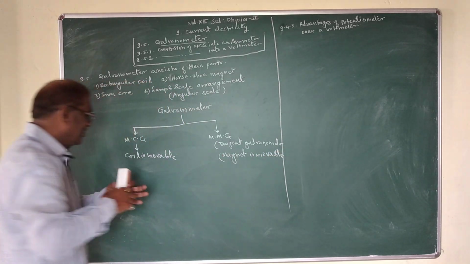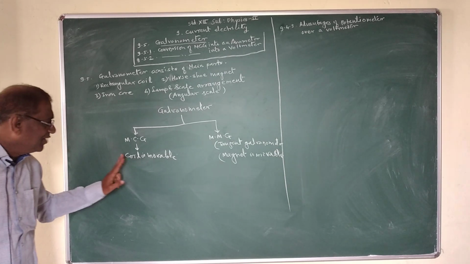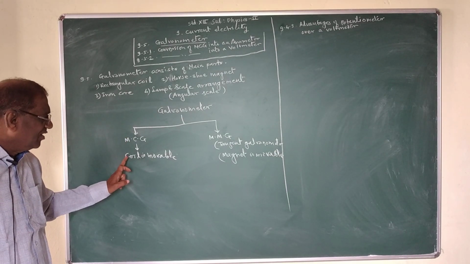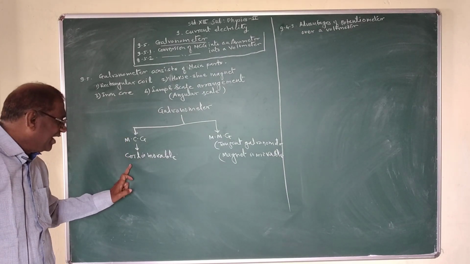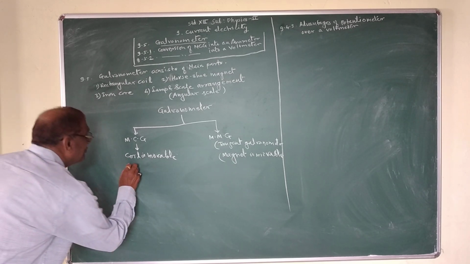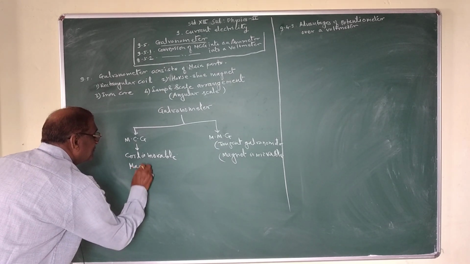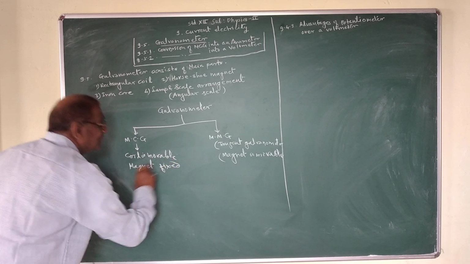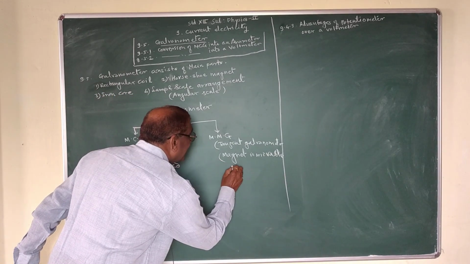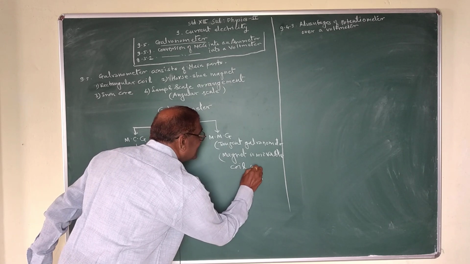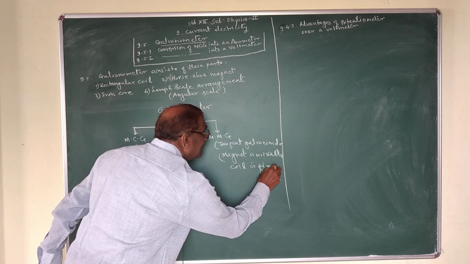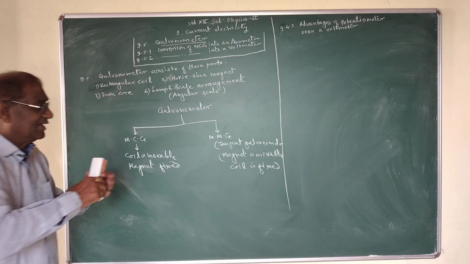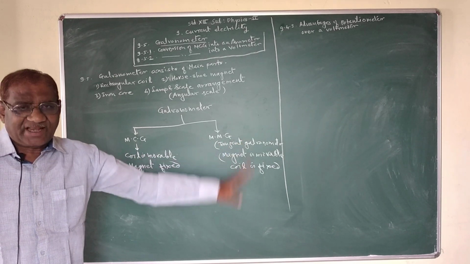In moving coil galvanometer, coil is movable and magnet remains fixed. And here coil is fixed. These are the two types of galvanometer.